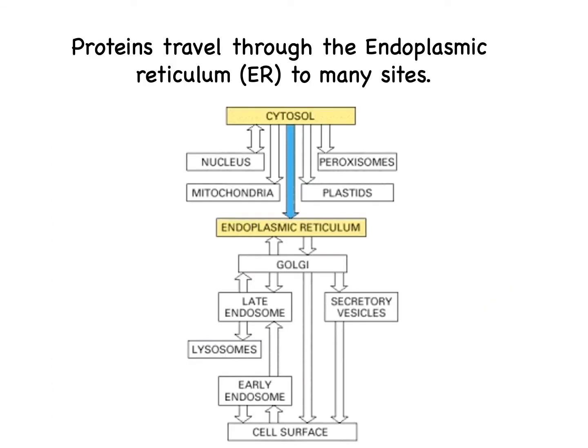Okay, now the bulk of proteins that are going to cross a membrane go through the endoplasmic reticulum into the Golgi and then are sorted out and sent to their final destinations. And this involves a little bit different mechanism. When I was in graduate school, there was quite a big controversy about how proteins got through the membranes.